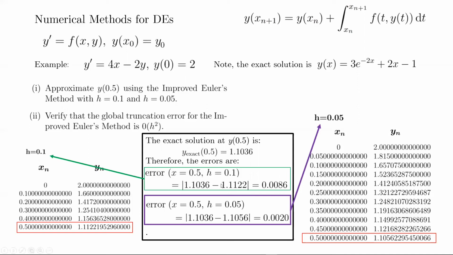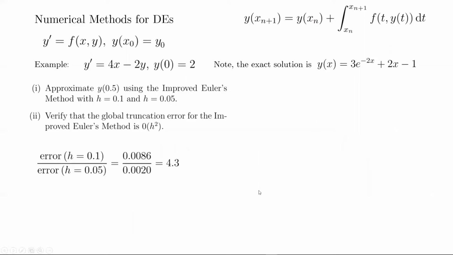Right, so in green here is the larger step size and purple is the smaller step size. If I take the ratio of these two errors, so 0.0086 divided by 0.002, it's just over 4, okay? And so this is close to the theoretical global truncation error, which I can write as some constant times h squared, because we said that the improved Euler's method global truncation error was order h squared.